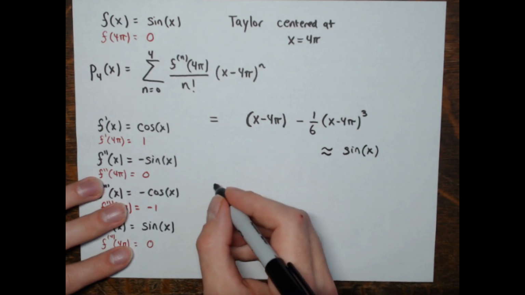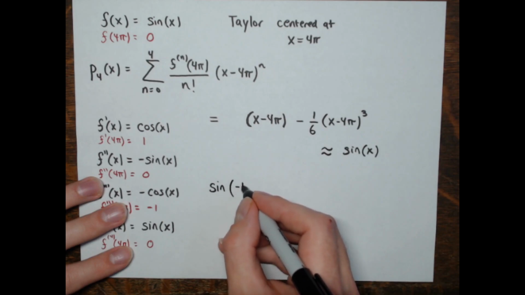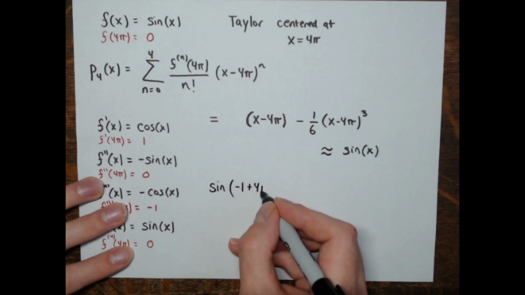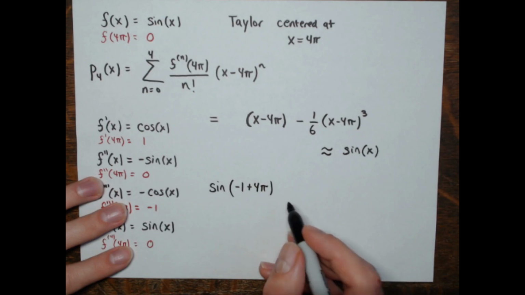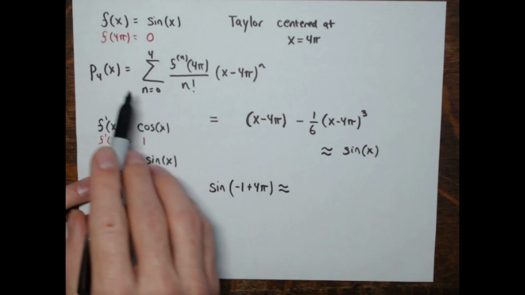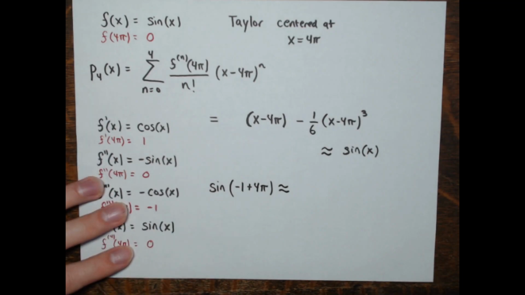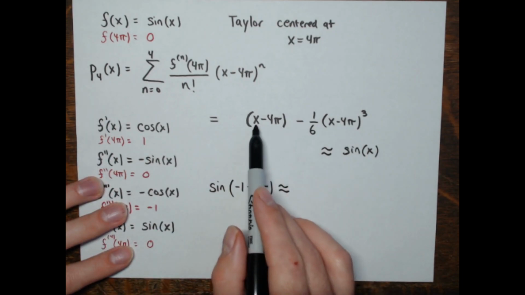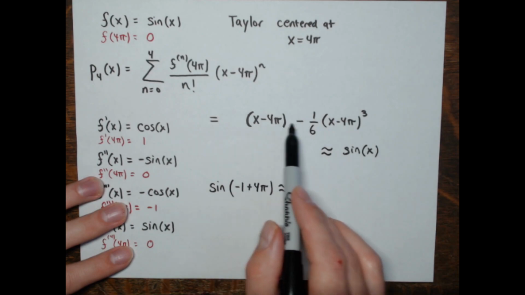Right? And they're asking us to approximate the sine of, -1 plus 4 pi. Plug in -1 or 4 pi minus 1. So if I use my fourth Taylor polynomial here, I'm just plugging in -1 plus 4 pi for x in this polynomial.